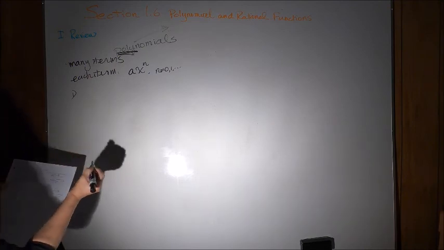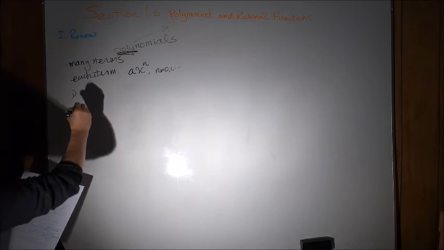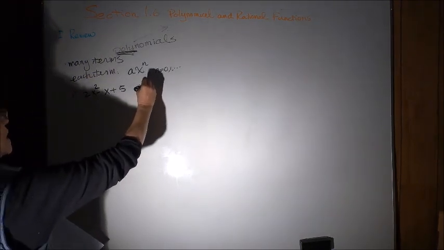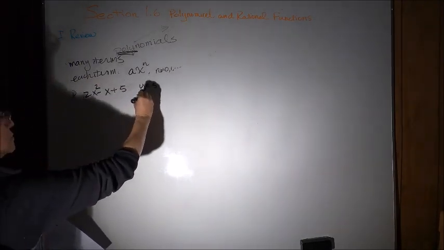Okay, let's see some examples. If I write it this way, 2x squared minus, so do I have a polynomial? Yes. How many terms are there? 3 terms, right?